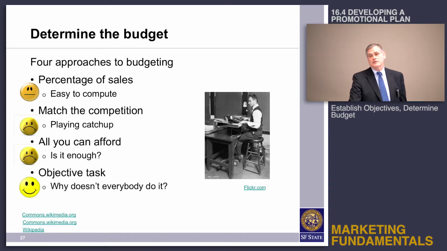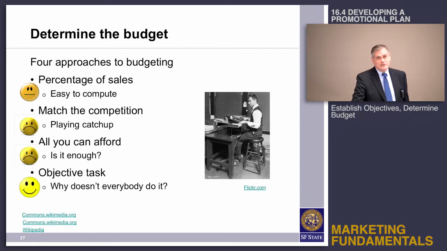So if my competitor is Coca-Cola, and I match what Coca-Cola is spending in advertising, is that going to mean anything? Because Coca-Cola has such a strong position in the marketplace, I have to spend a lot more than Coca-Cola to break through, to get attention. Similarly, if I am Coca-Cola, why would I worry about what Pepsi spends? So it doesn't seem like a smart way to establish your budget is just to go with what the competition is doing.